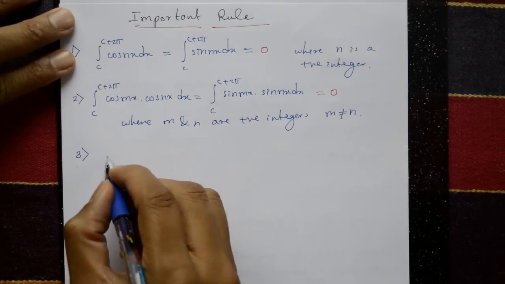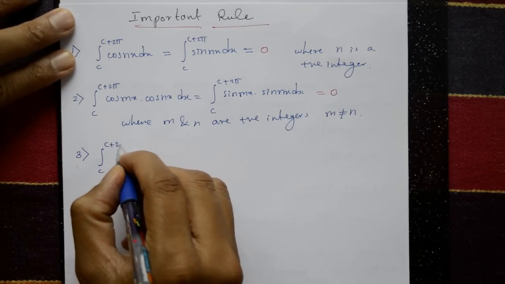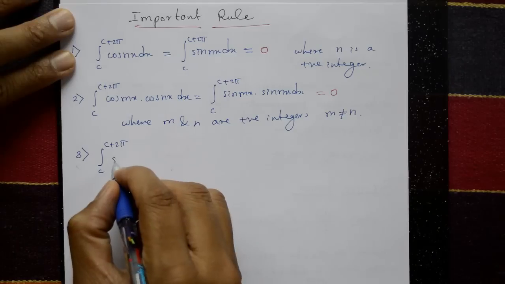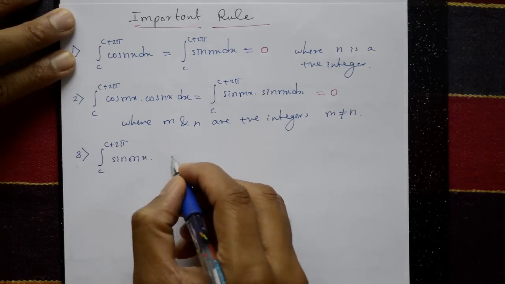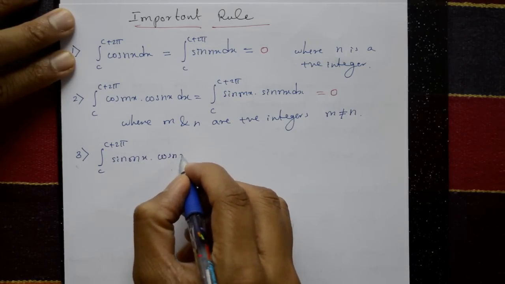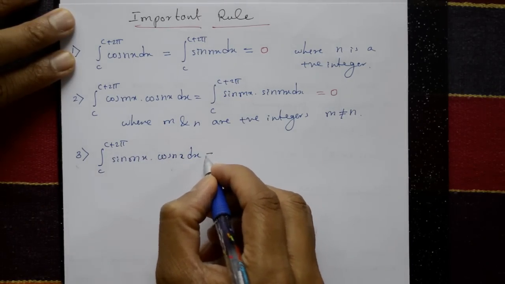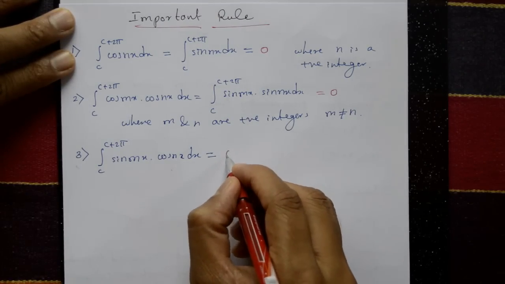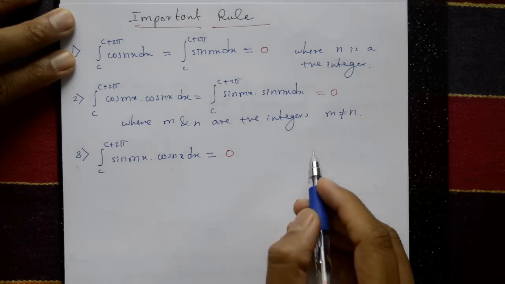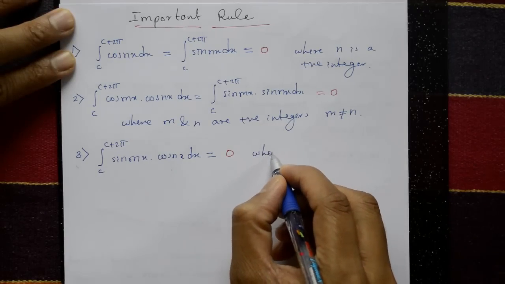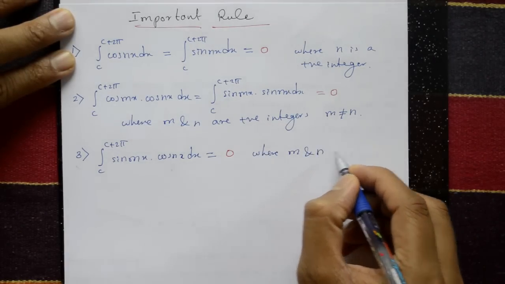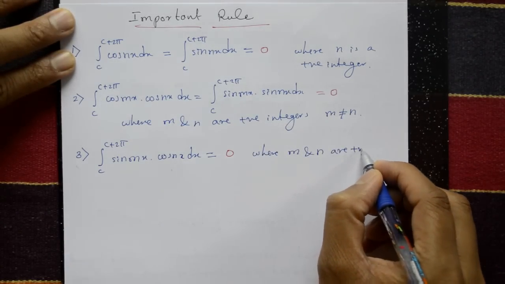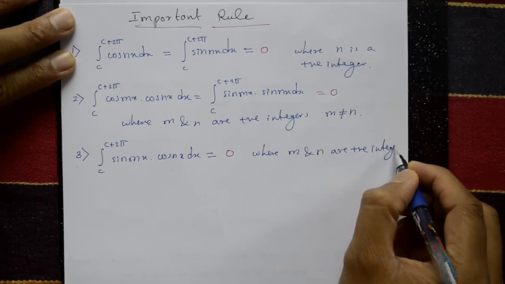Third point, integration from c to c plus 2 pi of sin mx into cos nx with respect to x, and this is equal to, again the value is 0, where m and n are positive integers.